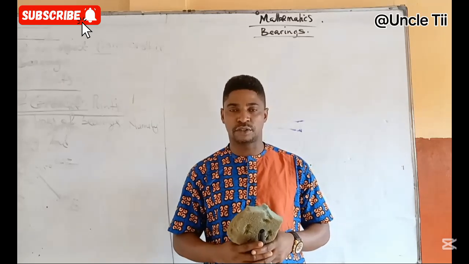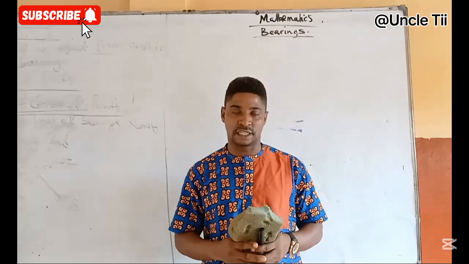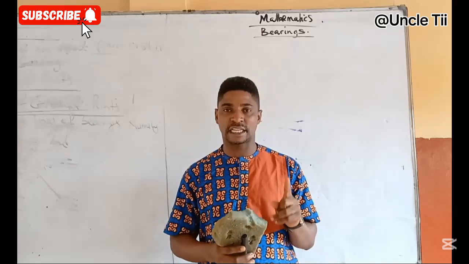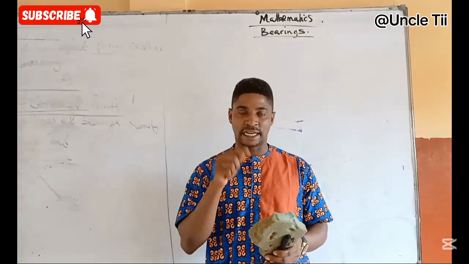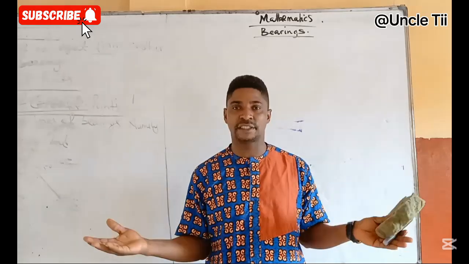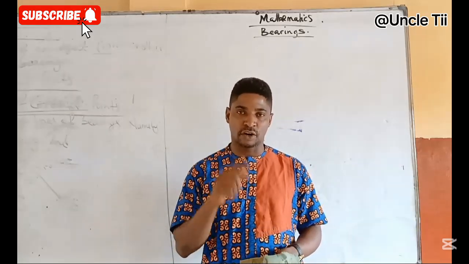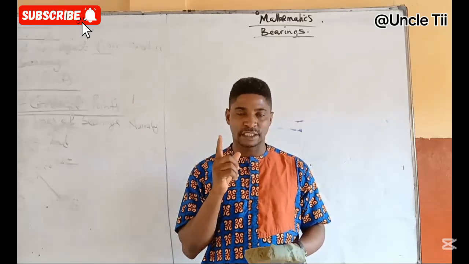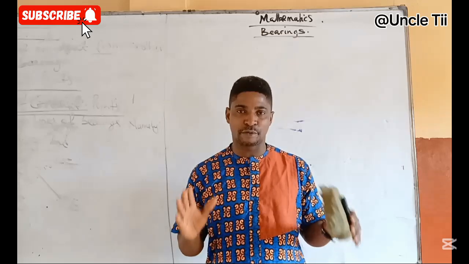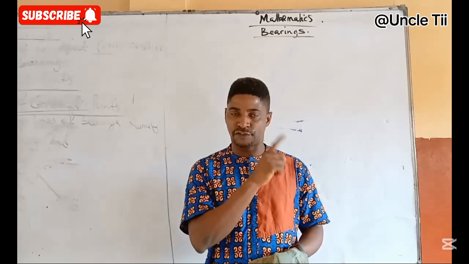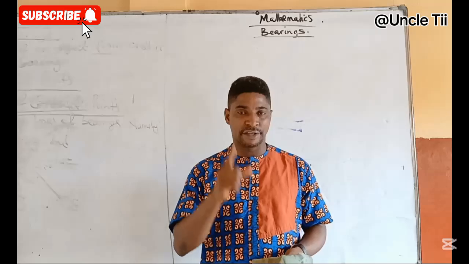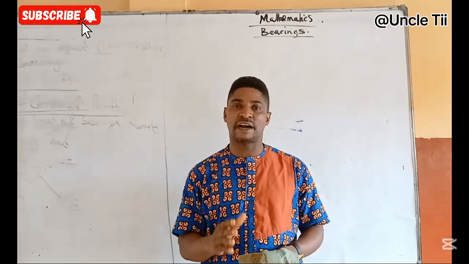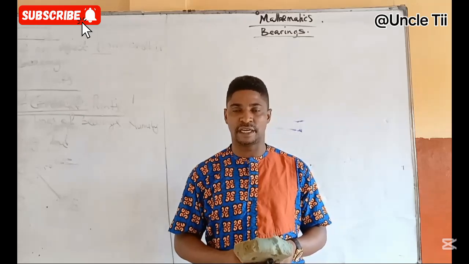And today we want to continue from where we stopped in the last class. Don't forget that we are looking at bearings. In the last class, we had established that the direction of an object, a person, a thing from another object is known as bearing. We established that in a typical bearing problem, that preposition from is very important. We also stressed the fact that the cardinal points are very important in the study of bearings.